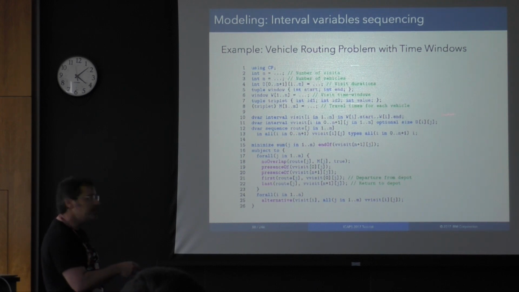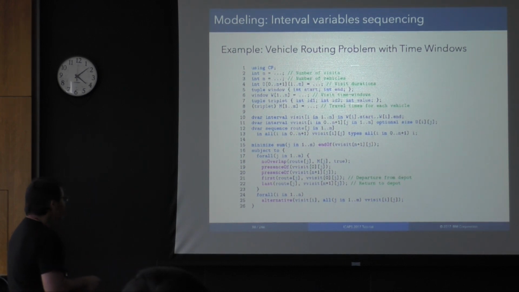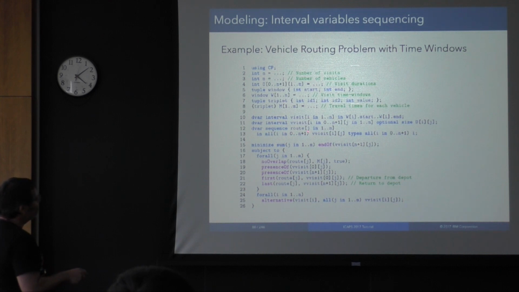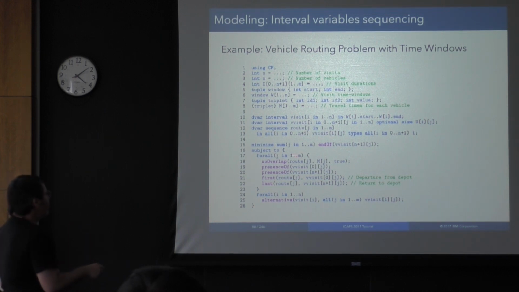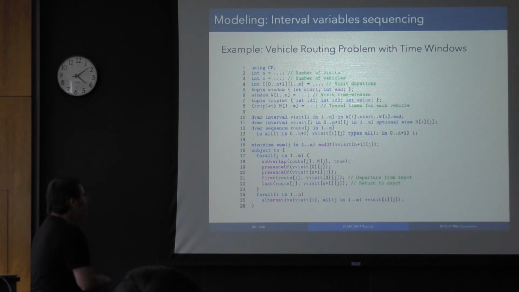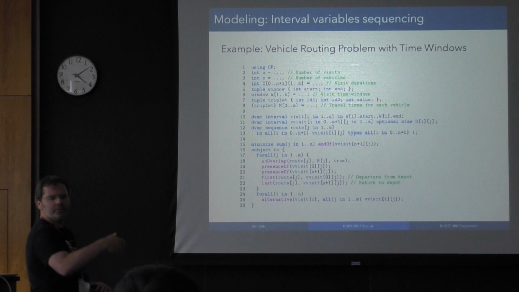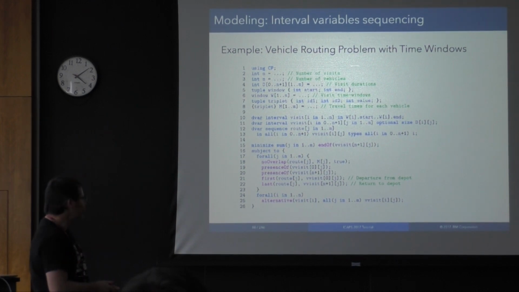This is very easy to model here. And so what we do here, we have a sequence variable route for each vehicle that contains all the visits of the vehicle. Those are optional intervals. And what you want to do here is to minimize the sum of the return times of the vehicles to the depot.